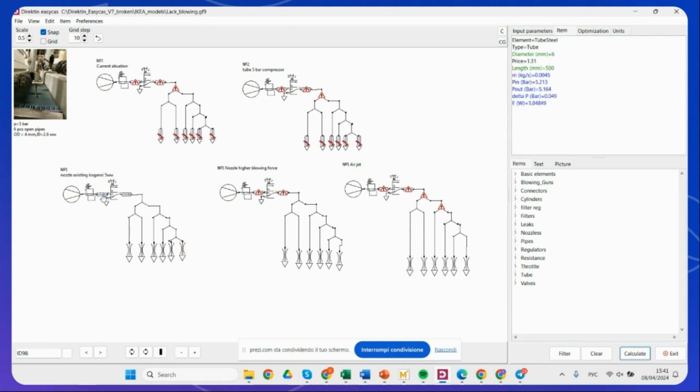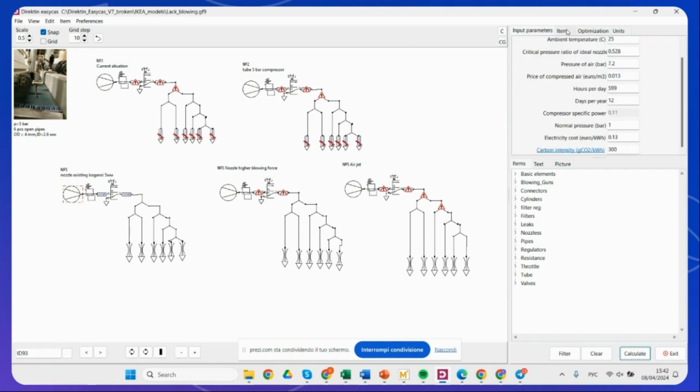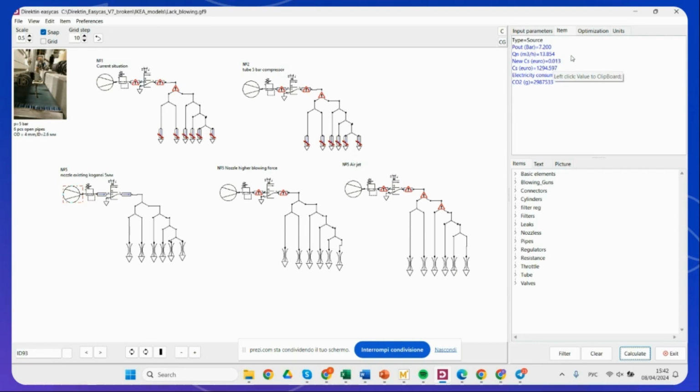So the system didn't have any problems with the pressure drops, and the cost of such a system would be around 1,300 euros per year with the certain input parameters that you see here. And the flows should work fine. However, the force from one nozzle of 0.3 newtons and the blowing of 2.3 cubic meters per hour was not enough. So they cut it off and got this solution.